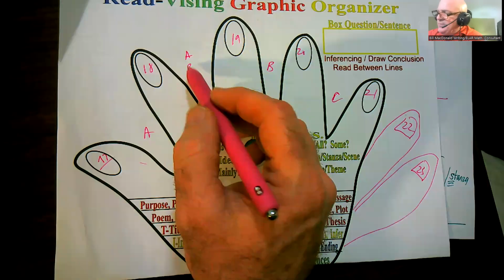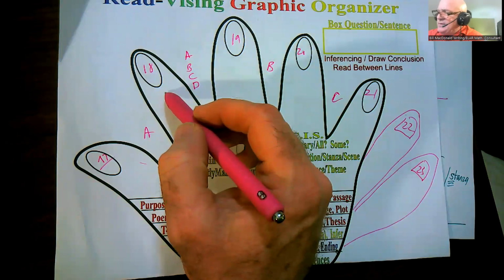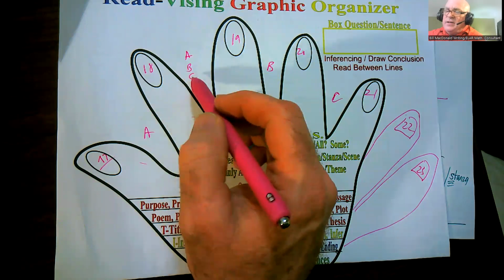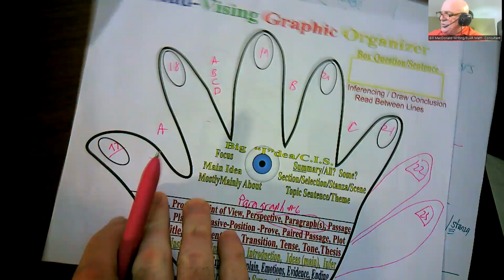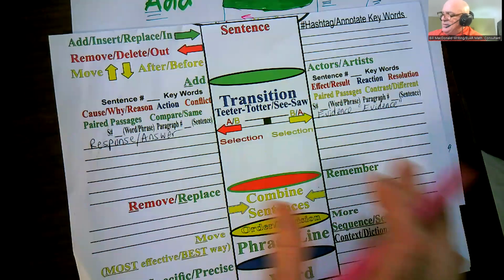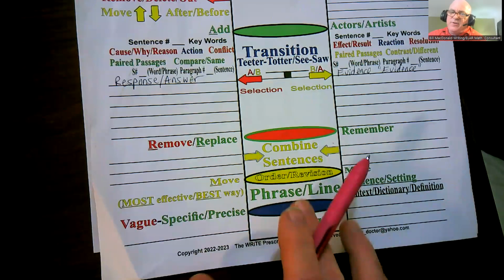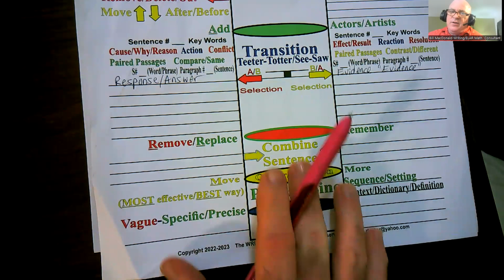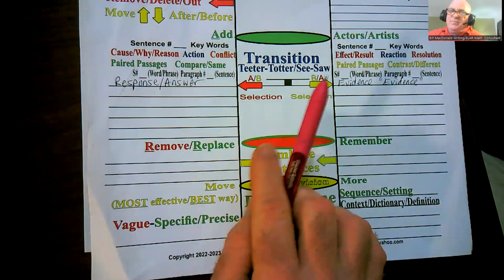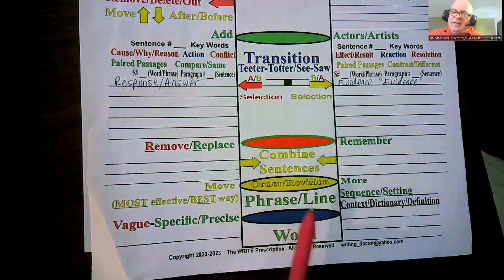Then they would see what the content is on sentence 18 and then plug it in the right spot. Okay. So the idea is that we work on words, a phrase, a line, the order, the combining, and up to the transition level.